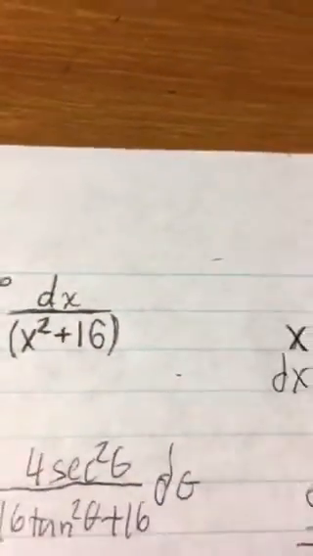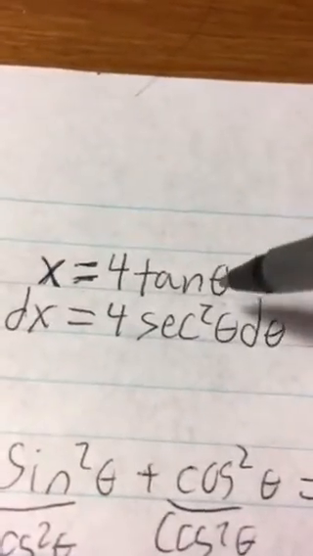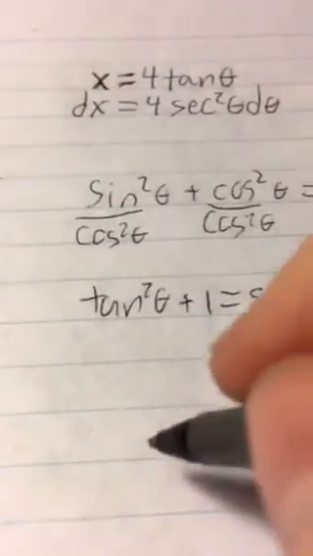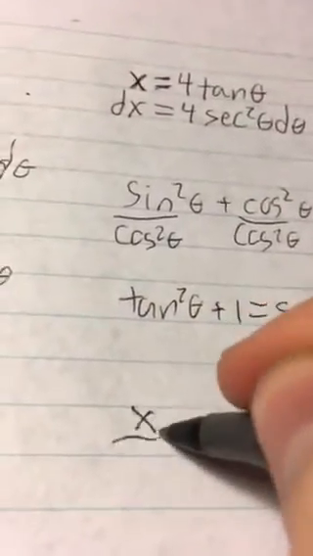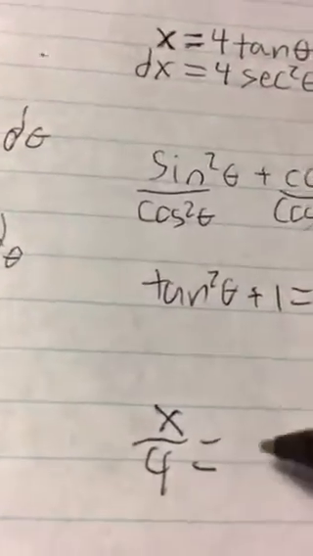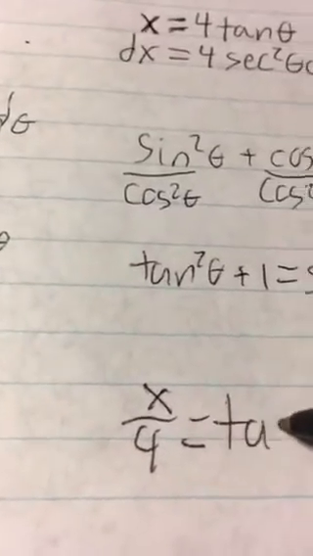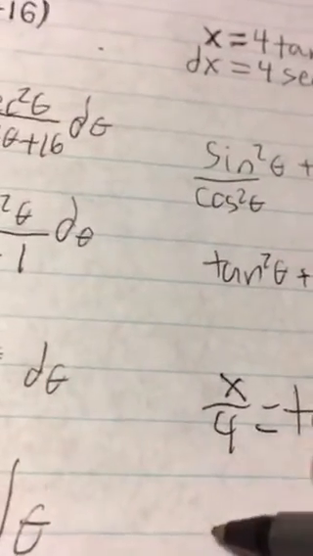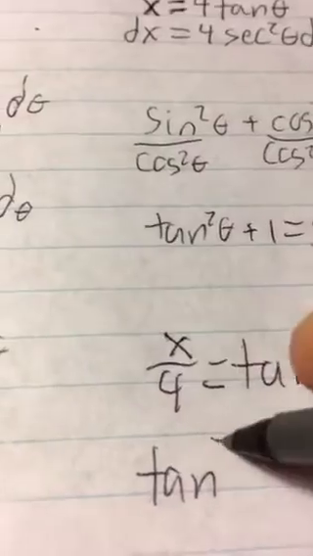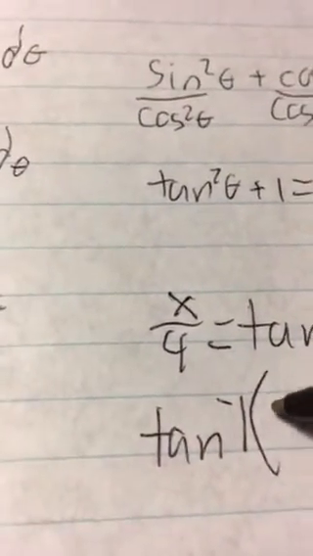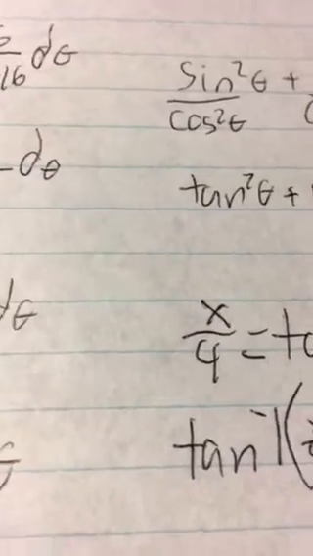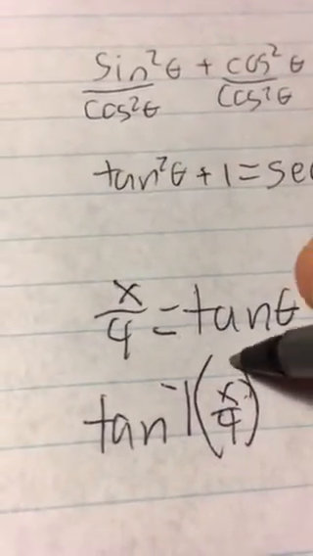But we didn't have thetas to start with. We had x's. So back over here, we have to solve for theta. If we divide out the 4, x over 4 equals tan theta. So the inverse tangent of x over 4 equals theta.